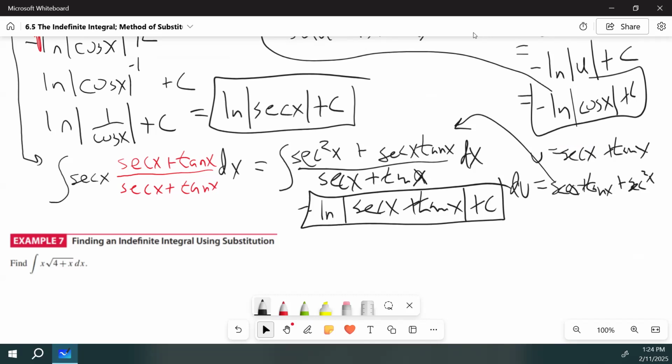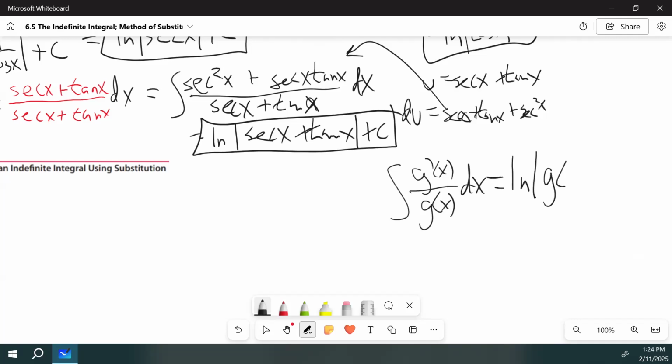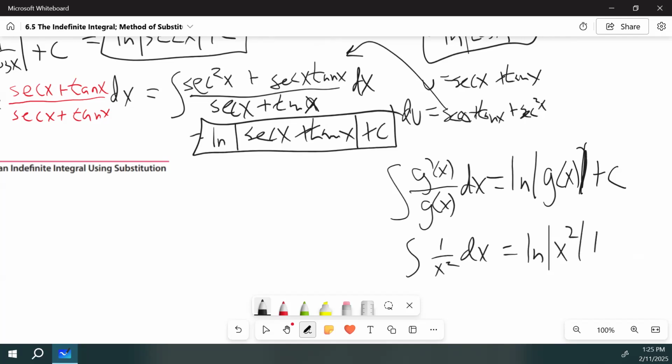So one thing you want to be careful with, however, is that when you learn this form of g prime of x over g of x dx equals natural log absolute value g of x, you just want to be careful because sometimes students mistakenly make the antiderivative of every rational expression an expression that involves natural logarithms. So for example, you might see 1 over x squared dx and be like, oh, okay, that's natural log absolute value of x squared plus c.